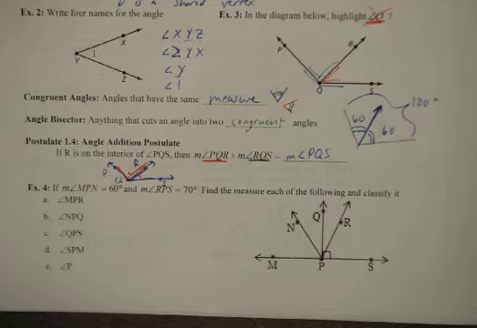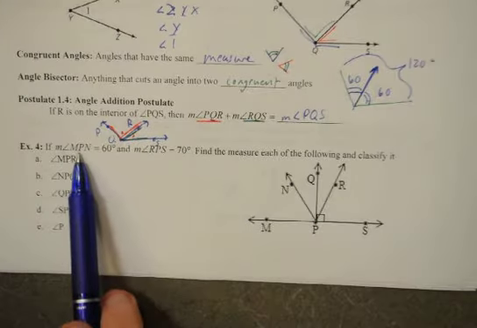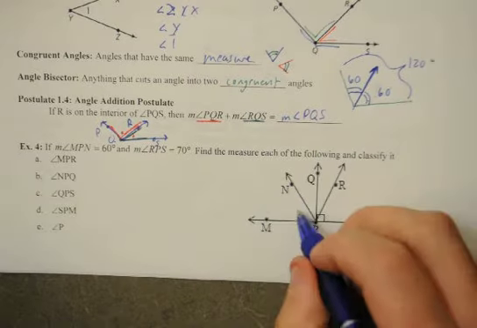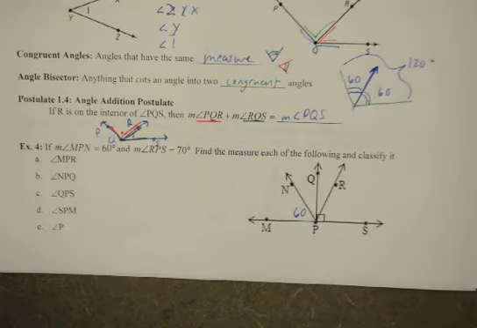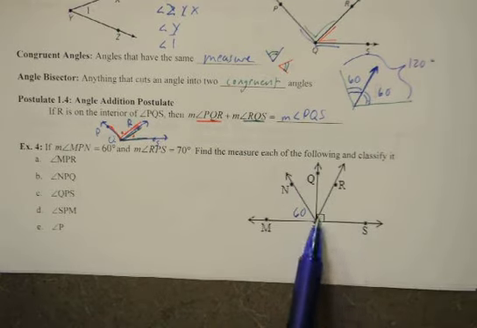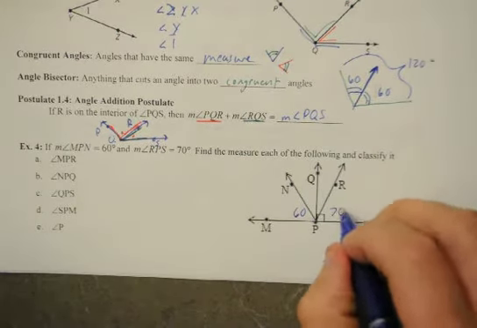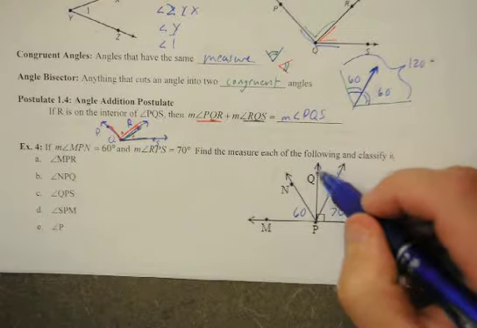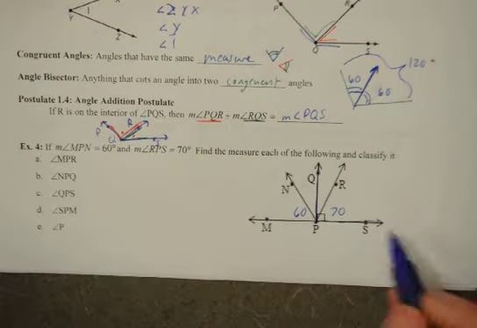Example 4. If the measure of MPN is 60 degrees, we can label that right there, and the measure of RPS is 70 degrees, and look at this, what's this box mean? This box means 90 degrees, so we have a 90 degree angle right here.